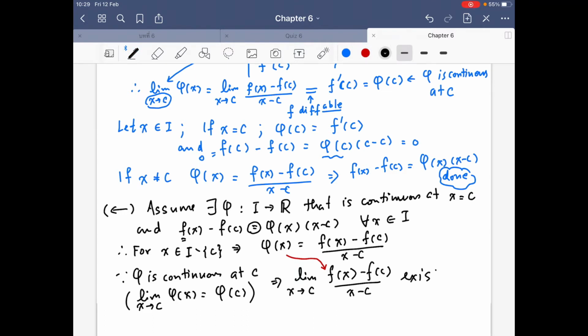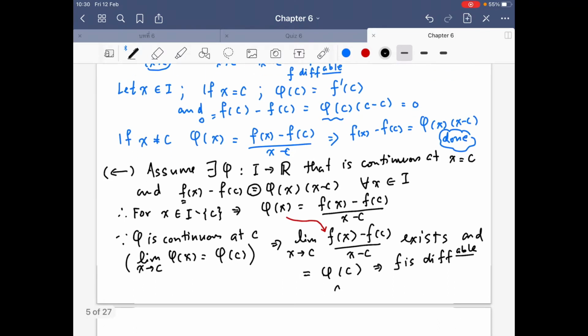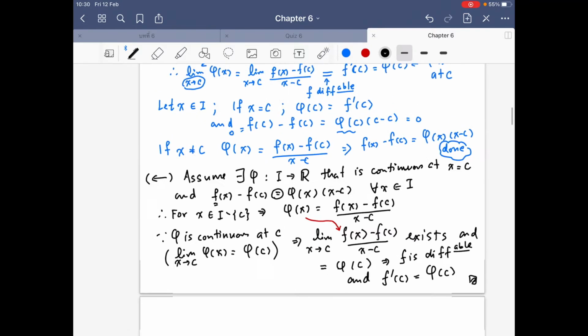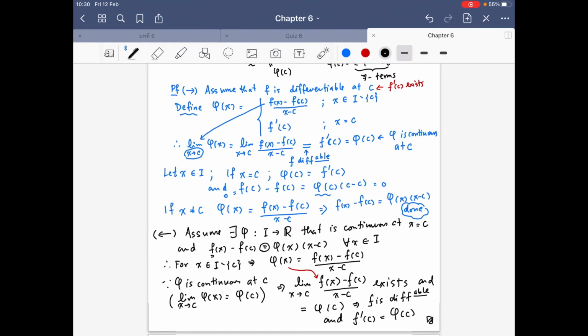So this limit exists, and not only does it exist, it equals phi c. So it means that your f is differentiable because the limit of this quotient exists, and immediately your f prime c is actually phi c as we need. Okay, so this is the proof of Carathéodory's theorem.